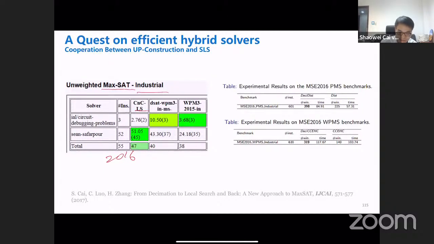Okay, the second and the third ranking winners both were based on SAT-based approaches. They both call a CDCL solver, but this one is based on local search combined with the UP initialization and their cooperation.